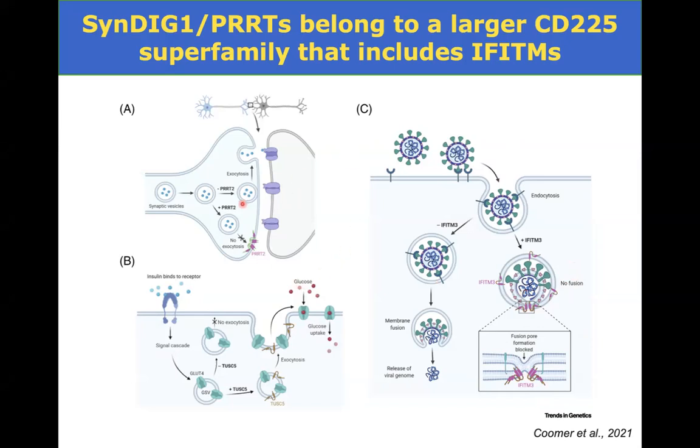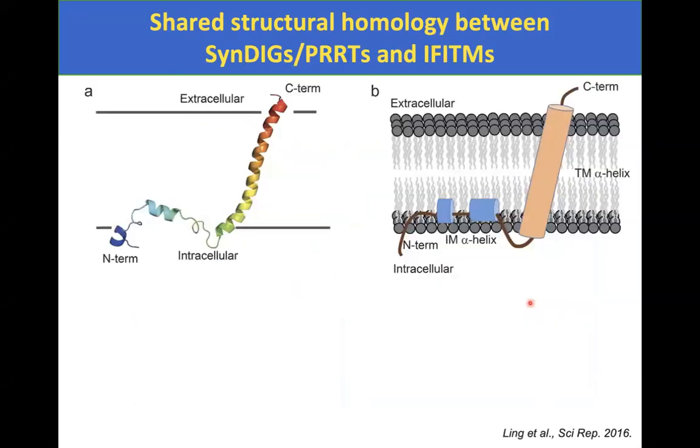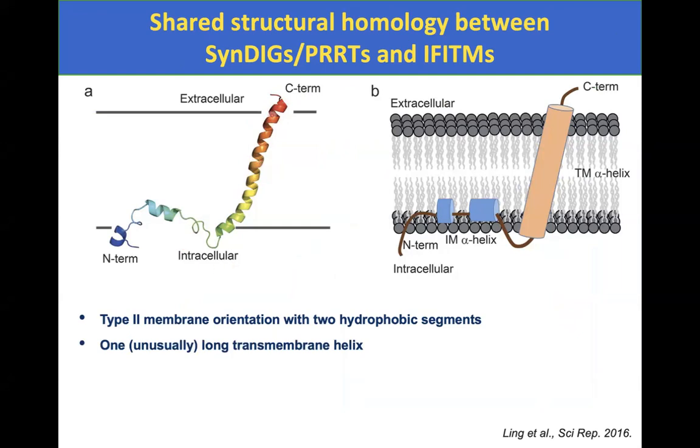So this was really intriguing. Other family members also appear to regulate membrane fusion in some way. So the question is, how are they doing this? These proteins have really unusual structures. They're predicted to have a very long transmembrane domain that likely is at an angle because the helix is longer than the lipid bilayer.